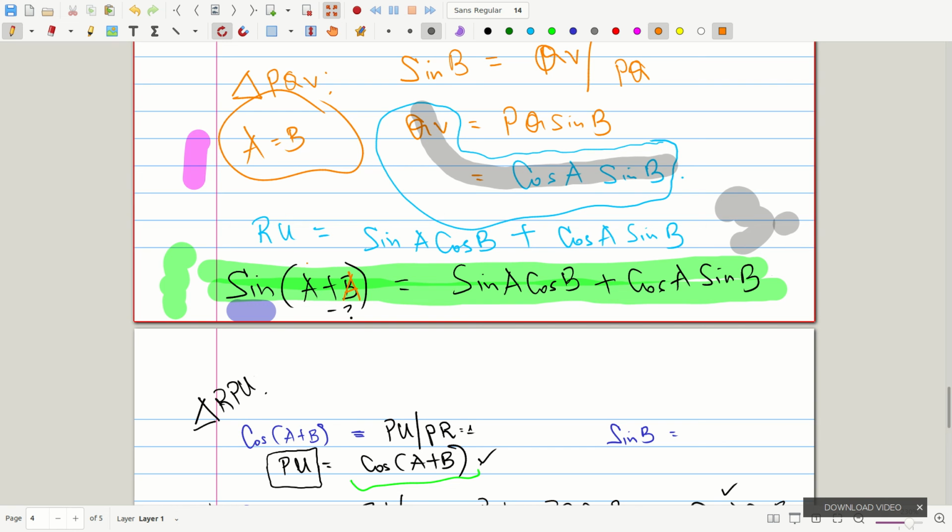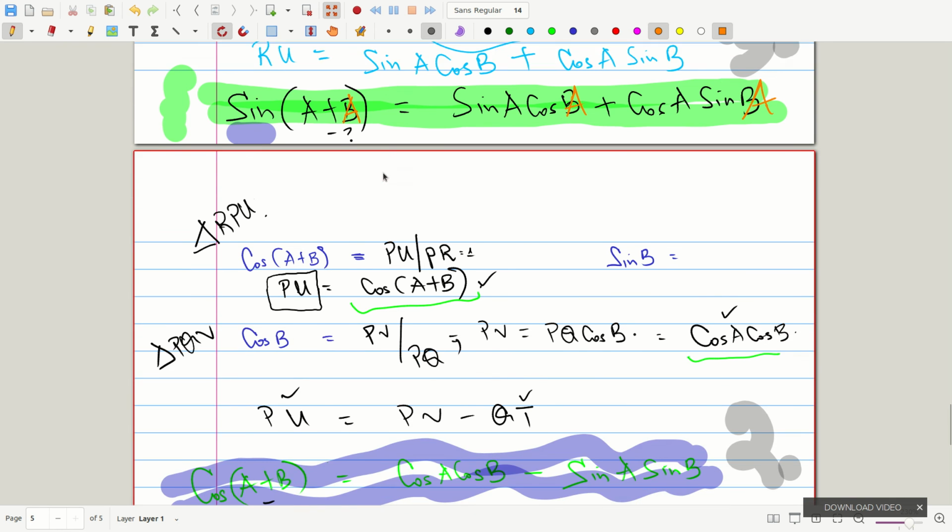So we shall have that sin 2A equals, now this is going to be A and this is going to be A, so this is equal to sin A cos A plus cos A sin A, which should be equal to 2 sin A cos A, if I haven't made a mistake.